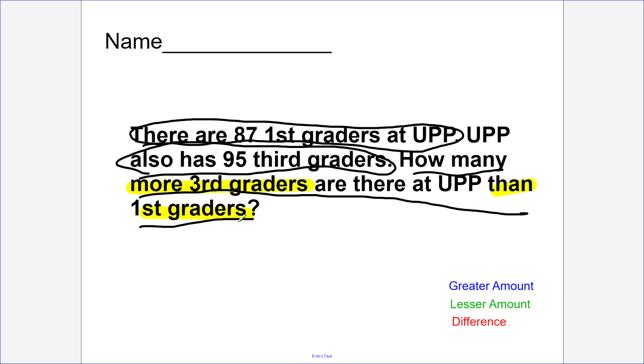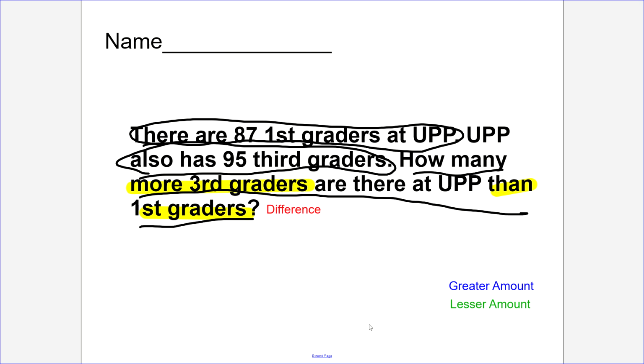That shows we're comparing the number of third graders to first graders. If the question includes those compare words, how many more third graders are there than first graders, is the question asking us to find the greater amount, the lesser amount, or the difference? You're right. Because the question includes those compare words, we know the question is asking us to find the difference.